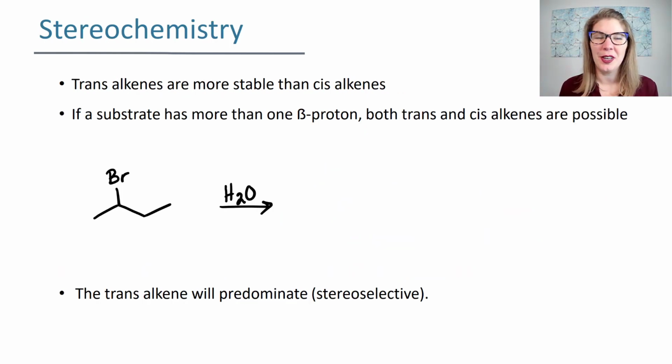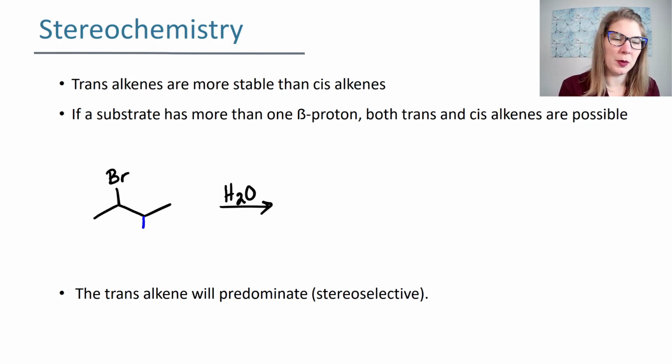Let's look at stereochemistry. Both trans and cis alkenes are possible in certain situations. If you have a substrate that has a beta carbon where you have more than one proton available, what that means is you can get both cis and trans alkenes as your products.